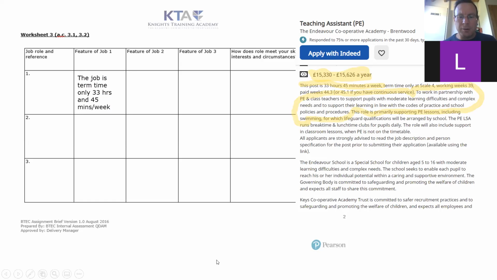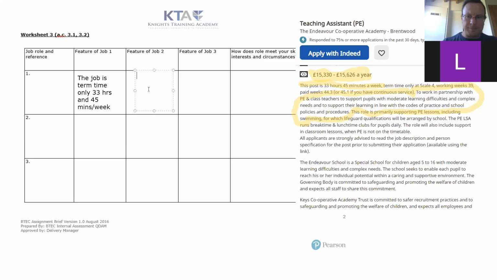So I'll just write that in. So you just say, well, as a job, what does it do? So to work in partnership with PE and class teachers to support pupils with moderate learning difficulties and complex needs, and to support their learning in line with the codes of practice and school policies.